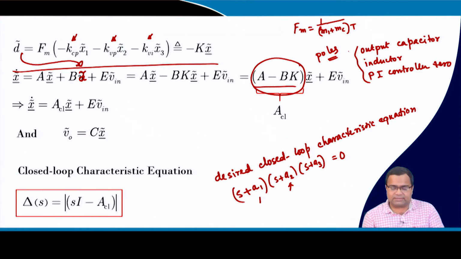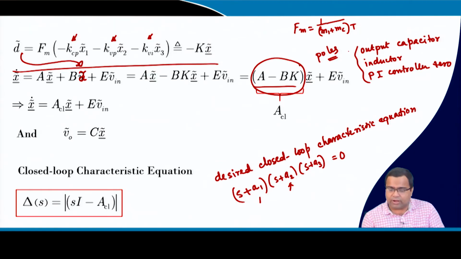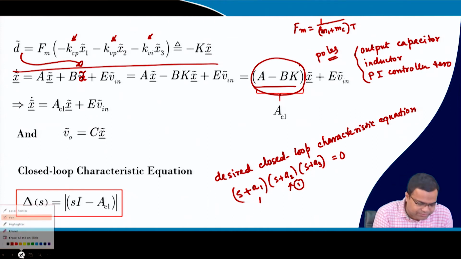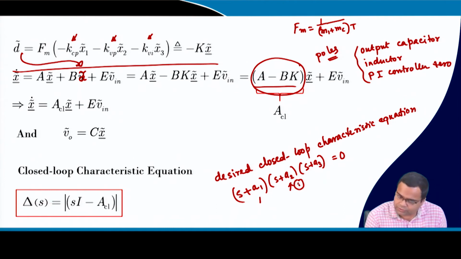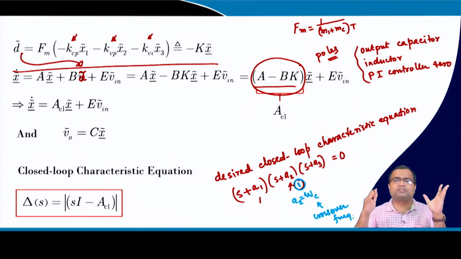So, for the first case, what we can do? Let us say this is number 1, which I will place at omega c. That means, I will set A2 equal to omega c, where omega c is the crossover frequency. Why? Because in the boost converter with output feedback we have discussed that the crossover frequency has to be some fraction of RHP0.